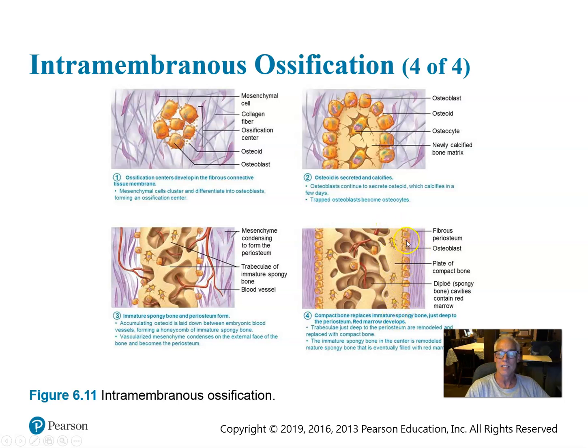Compact bone plates form right underneath the periosteum on either face. So what we wind up with is a sandwich of compact bone with spongy bone in between, and that is the nature of flat bones. That is the description of the structure of flat bones.